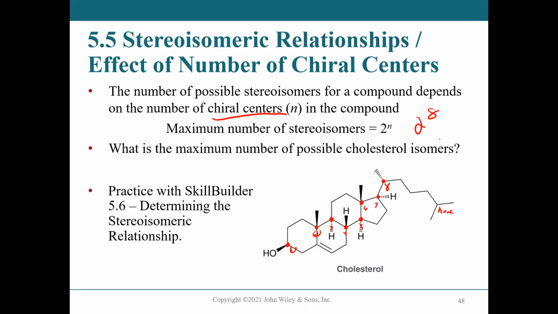So 2 to the 8 means we have 256 different possible cholesterol isomers, if I counted all my stereocenters correctly. Did anyone find a stereocenter that I didn't find here? Hopefully I got them all. I got 1, 2, 3, 4, 5, 6, 7, 8. That's not one right there. I think I got them all.